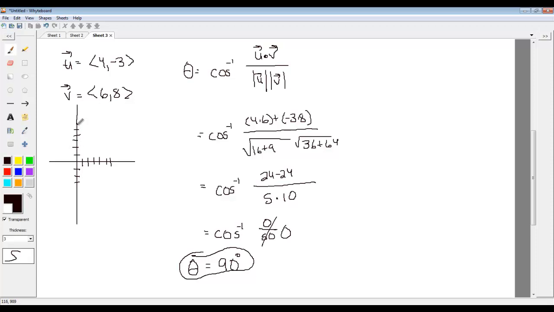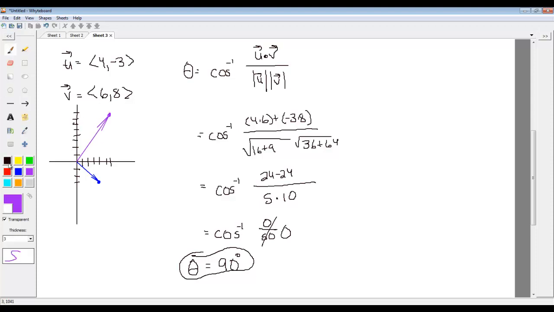Ooh, should have gone further. 6, 7, 8. Alright, 4, negative 3 is about right here. So if we were drawing that vector, we'd go to here. And 6, 8 is here. So if we're drawing that vector, we'd go to there.